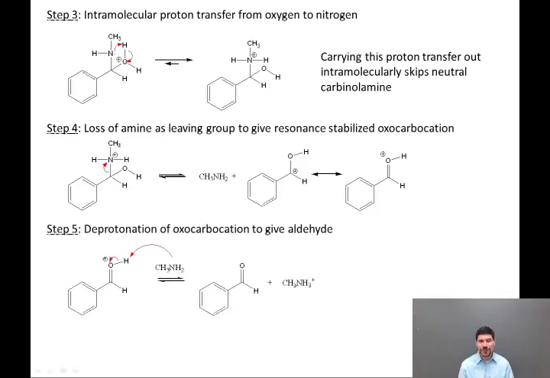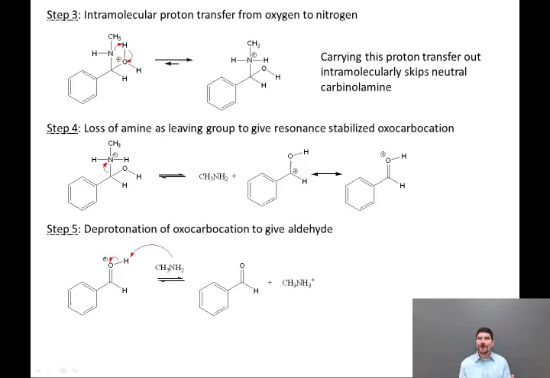So to get to the neutral product, we simply have to deprotonate the oxocarbocation to give the neutral aldehyde. Now, what base are we using to deprotonate it? Well, the strongest base that is present under acidic conditions is the molecule of neutral methylamine that we just kicked off in step 4.